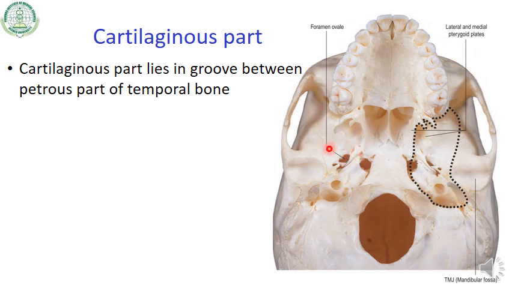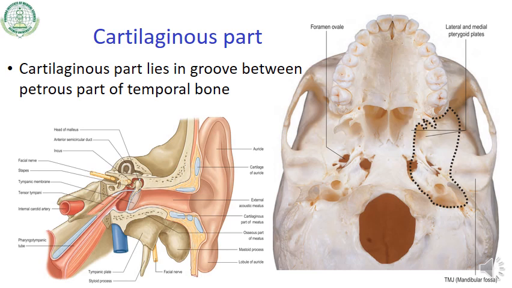This is part of the sphenoid bone, and here you can see this groove lodges the cartilaginous part of the auditory tube, and this is called the sulcus tubae. In the osteology section, Norma Basalis, you must have studied the sulcus tubae.